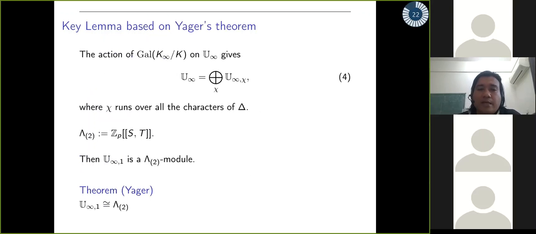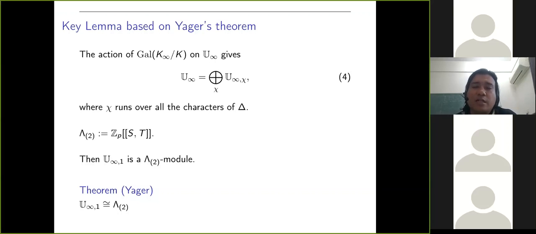And the second thing is that if I look at the action of delta on U infinity, where delta is the Galois group of F0 over K. I think earlier I denoted this by G0; I don't know why I'm using this notation delta, I should have used G0.